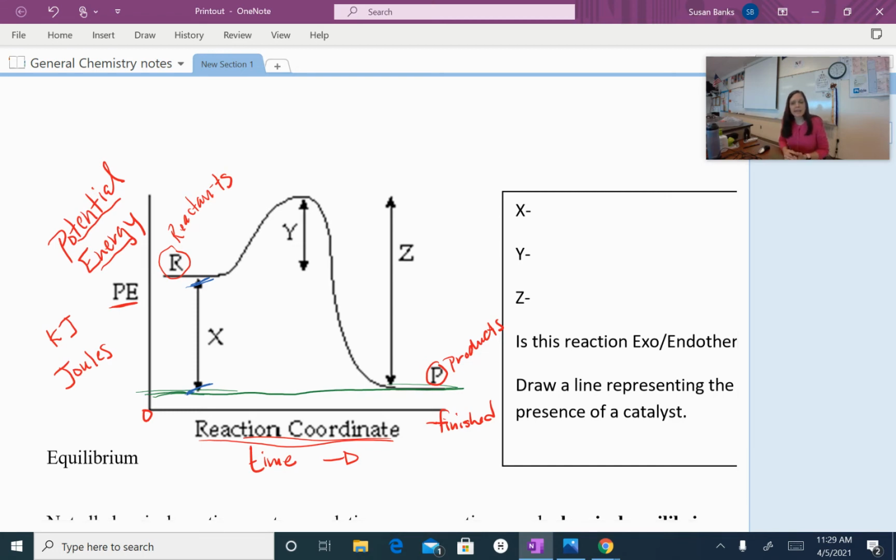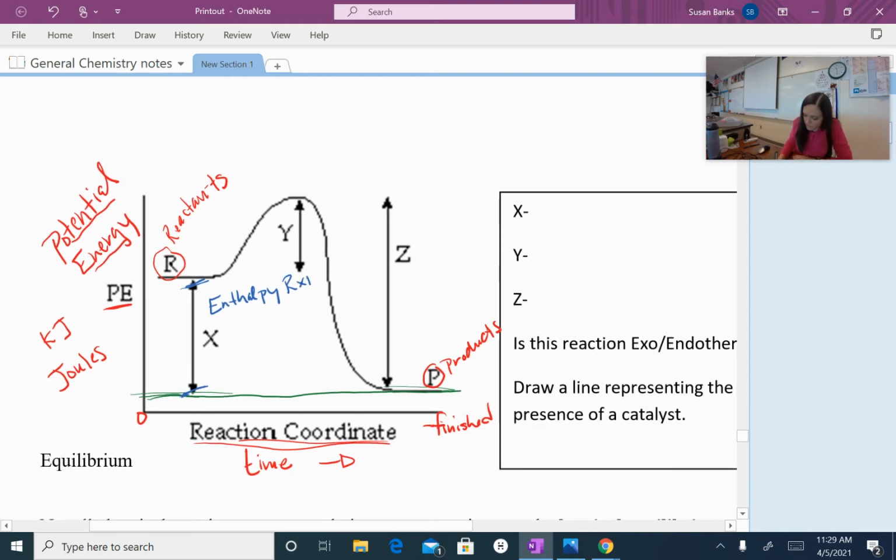Anytime I'm looking at the difference between the reactants and the products, this is what we call the enthalpy, or the energy of the reaction. So that's the enthalpy of the reaction. We symbolize this with a delta H. So that's the heat, or the enthalpy of the reaction.